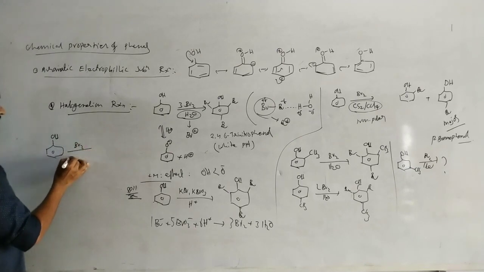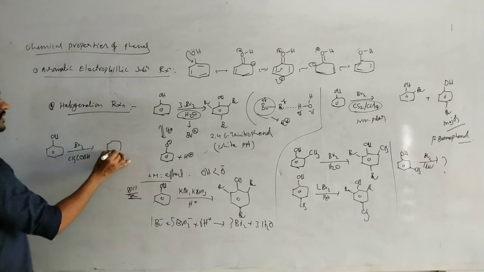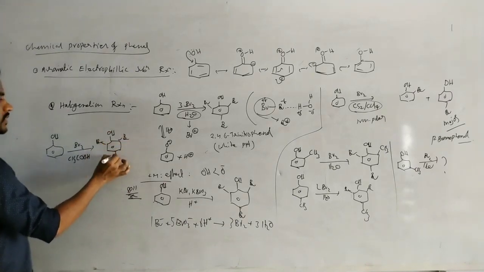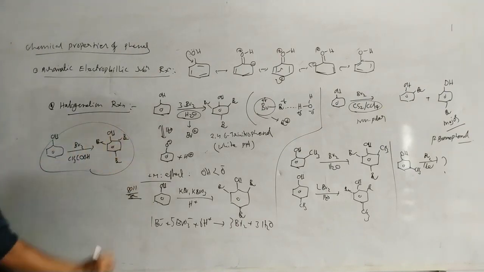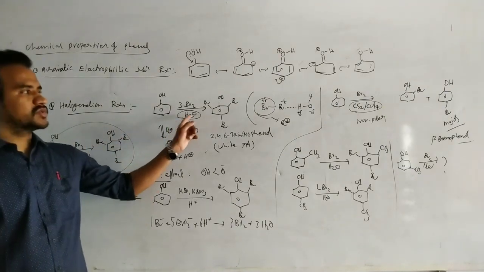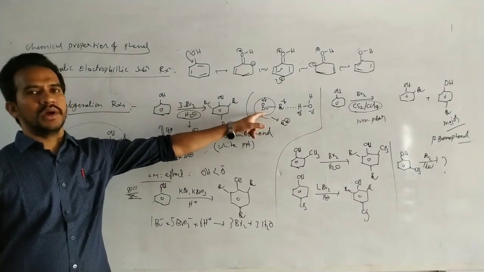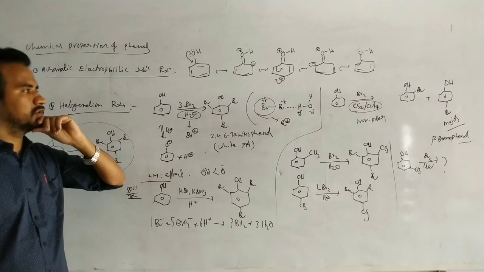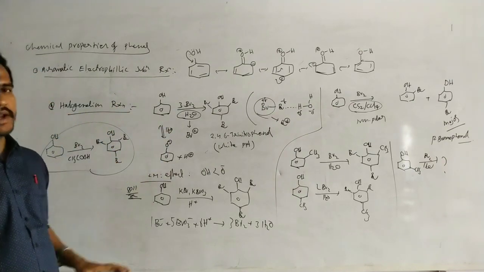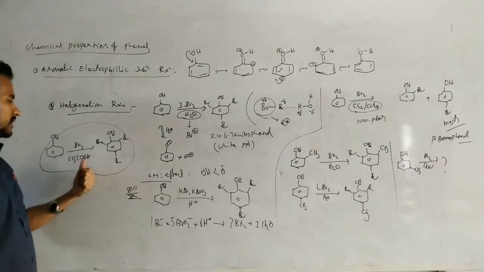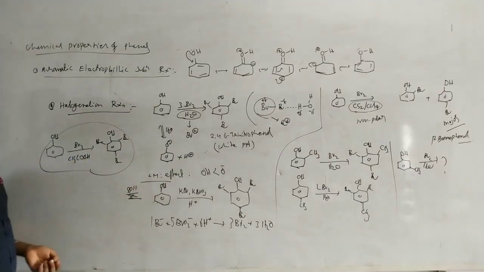Important, because acetic acid is also a polar solvent. In the presence of a polar solvent, the electrophile is readily formed. That non-polar molecule gets polarized, and because of the polarization the reactivity increases, so it readily attacks the benzene ring.